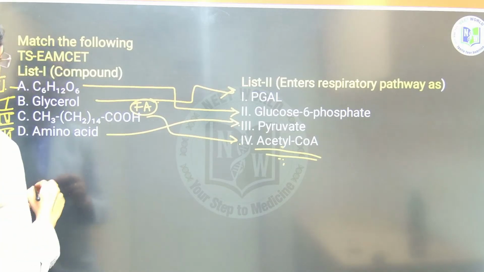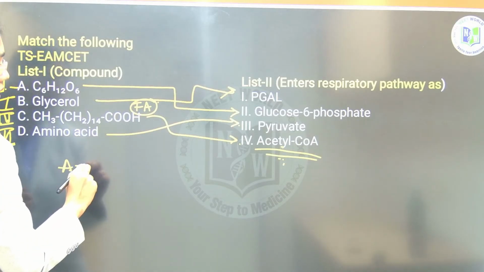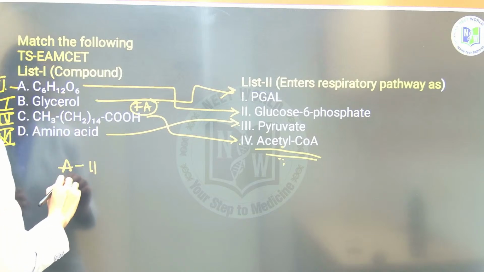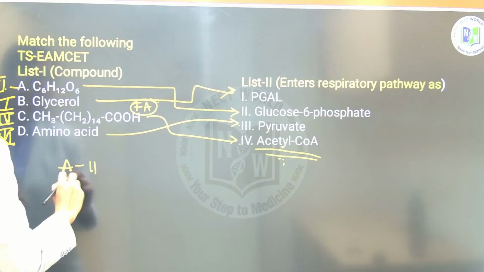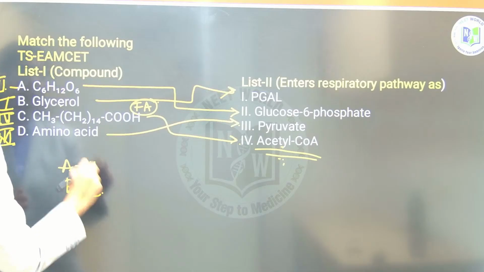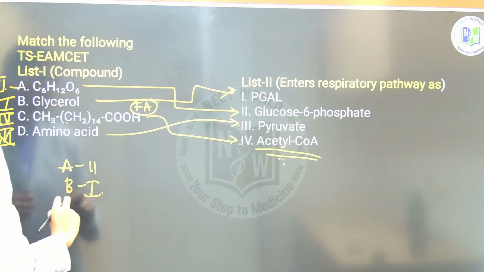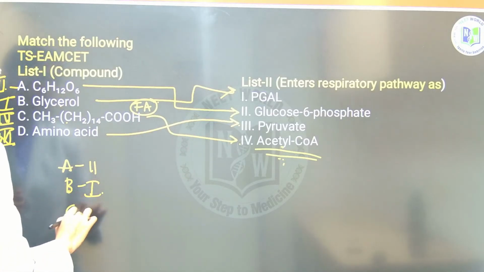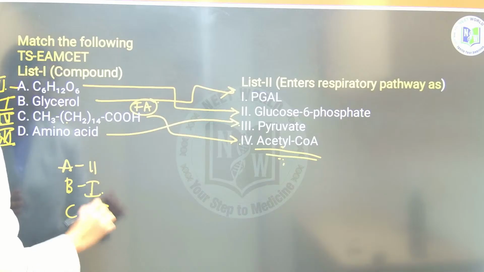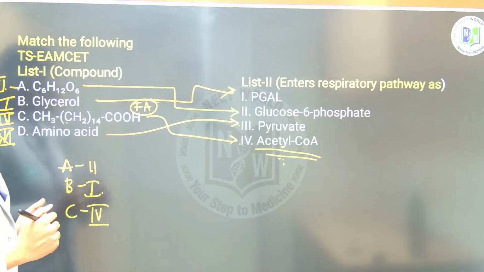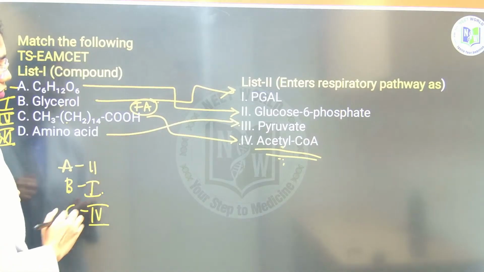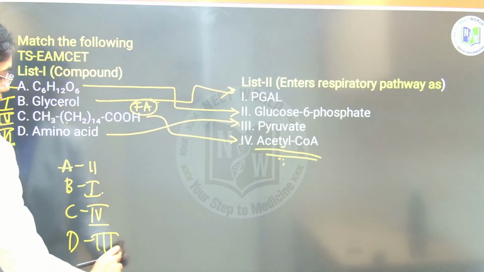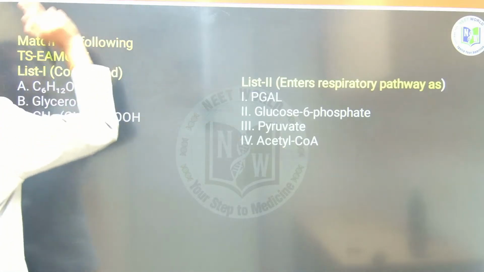Glucose after phosphorylating turns to glucose 6-phosphate, glycerol to phosphoglyceraldehyde. Fatty acids will join the amphibolic pathway as acetyl CoA, C will be 4. Amino acid will join the amphibolic pathway as pyruvate. Clear? Next.